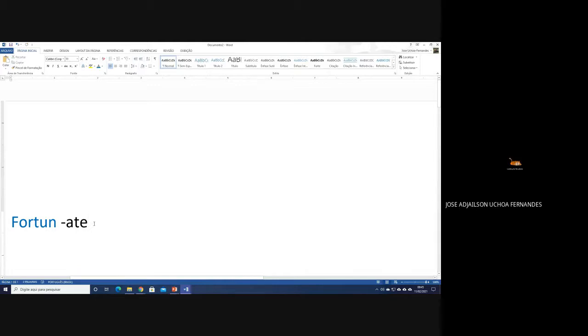This -ate is impossible to understand on its own. Is it the same -ate as in graduate or in celebrate? So you understand celeb, but you do not understand -ate.